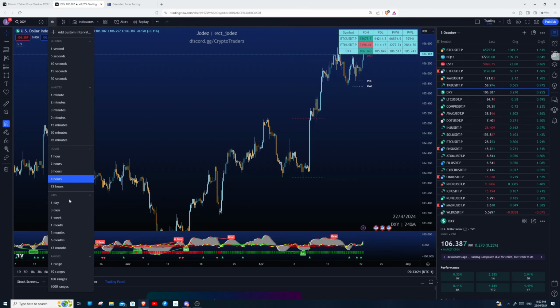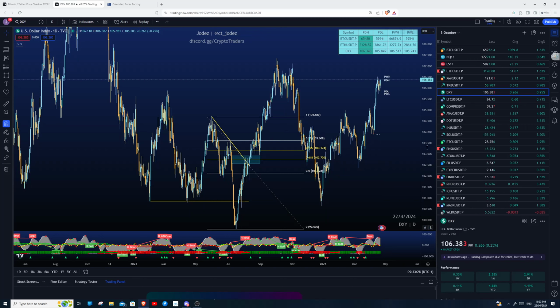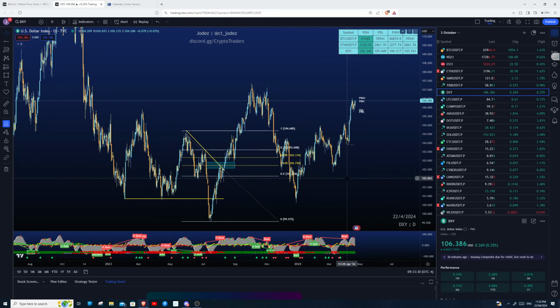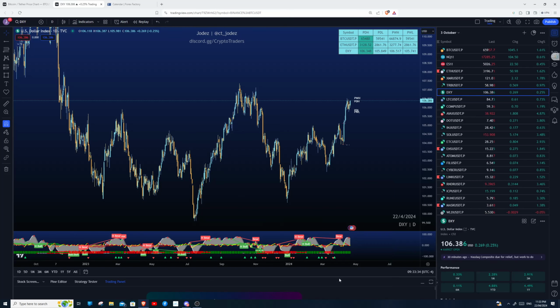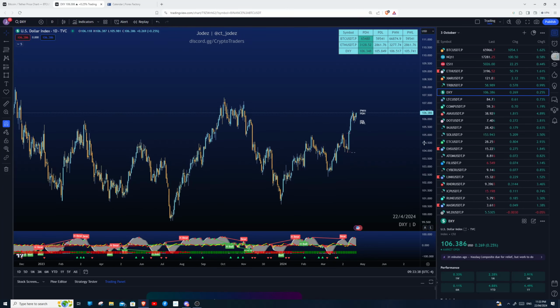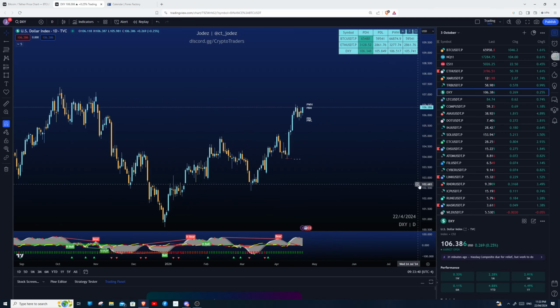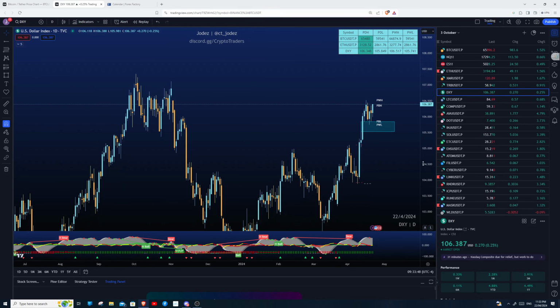I haven't really looked at DXY too much, because it's not too correlated with crypto nowadays. But DXY itself is actually looking quite strong. DXY is the dollar index, and generally we expect it to have an inverse correlation to Bitcoin and crypto.